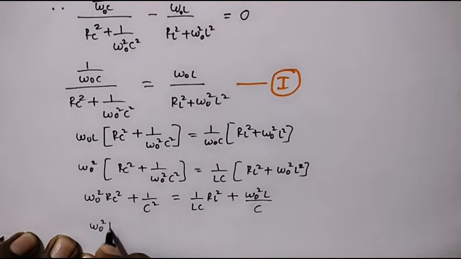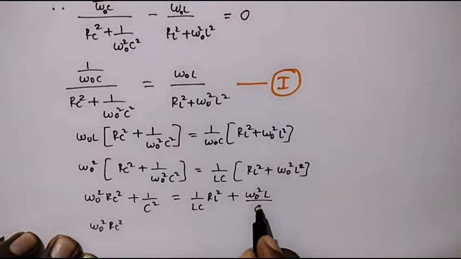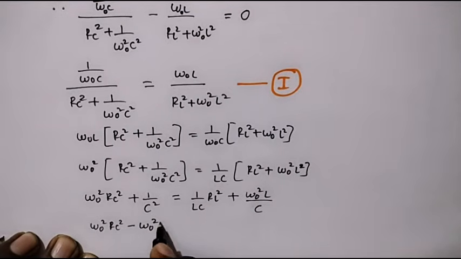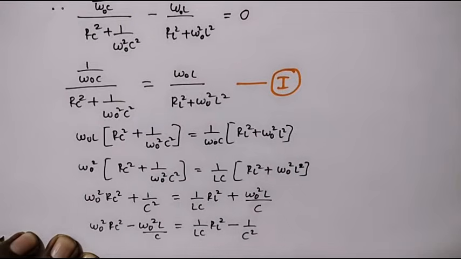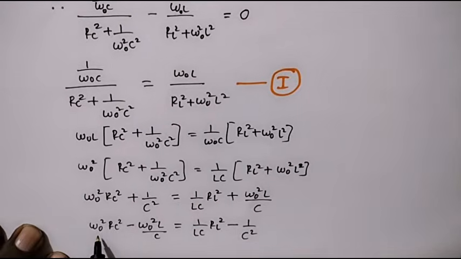Omega naught square RC square, I'll take this omega naught square L on left hand side, I can write it as minus omega naught square L divided by C is equal to 1 over LC RL square minus 1 over C square. So now here I'll take omega naught square common.